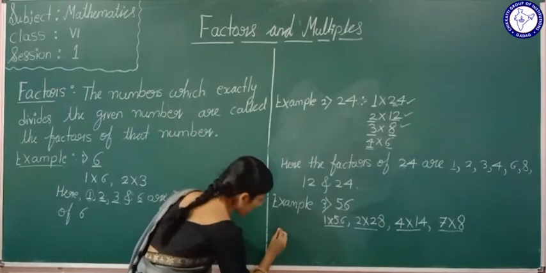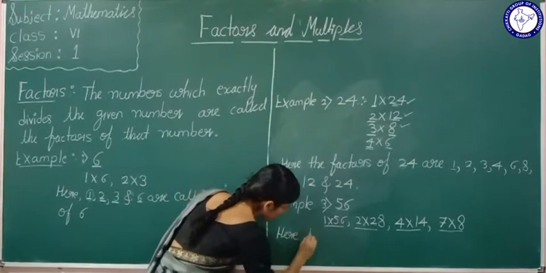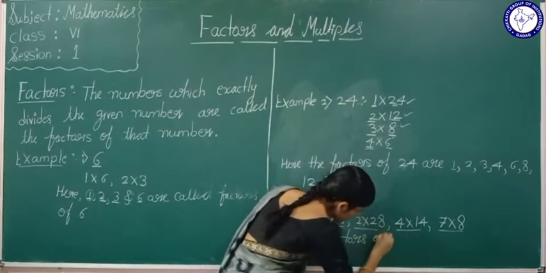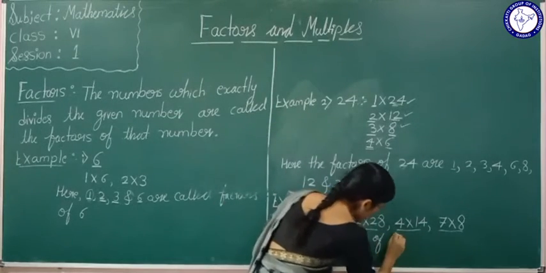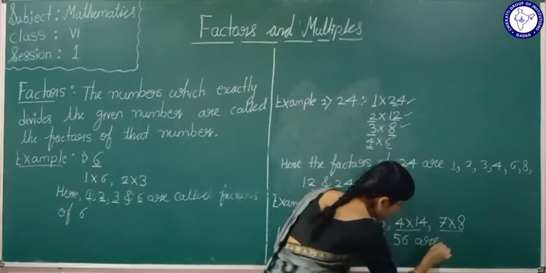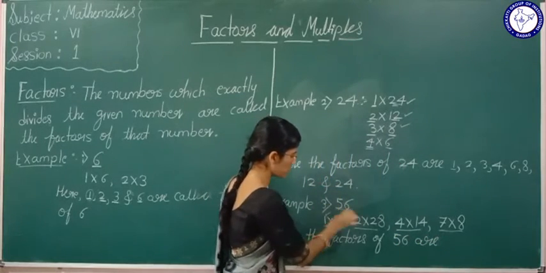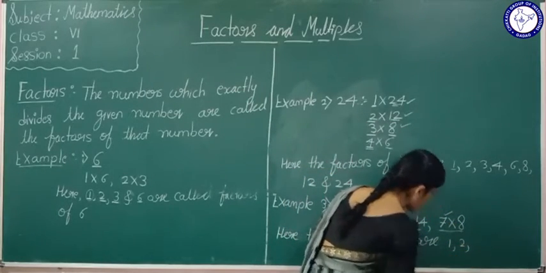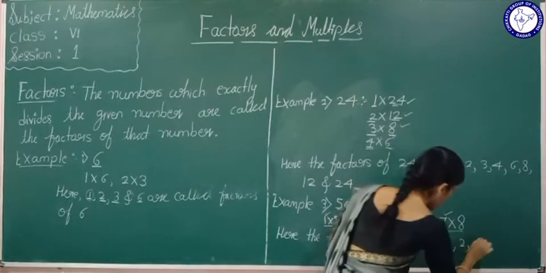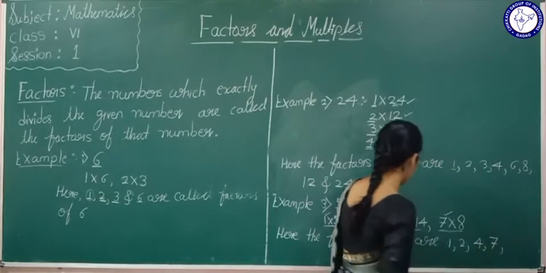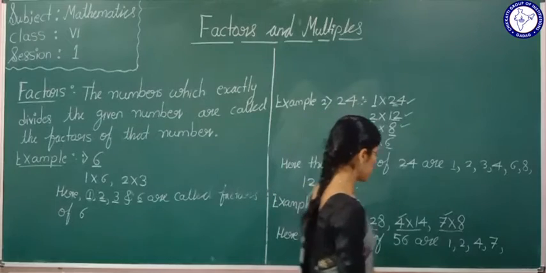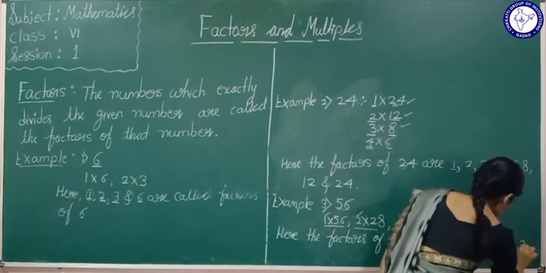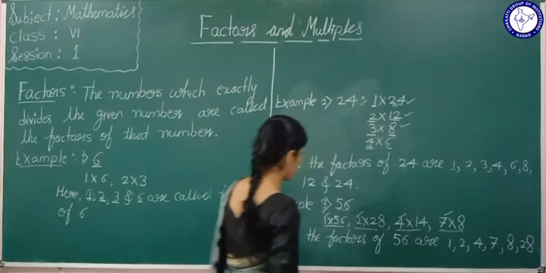Now see here, the factors of 56 are, what are the factors of 56 here? It's 1, 2, 4, 7, 8, 14, 28 and 56.